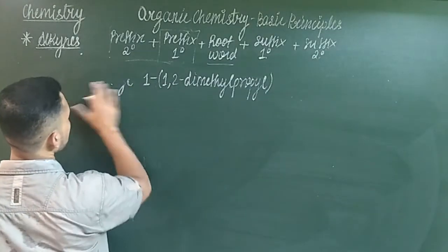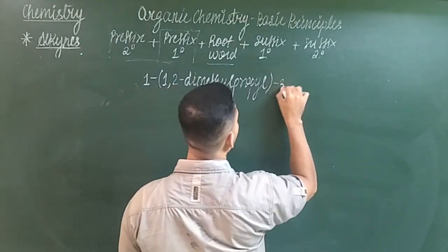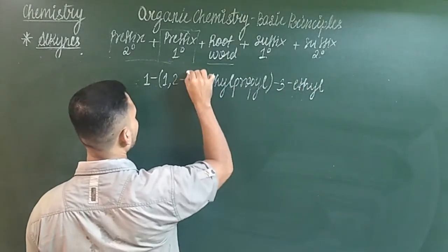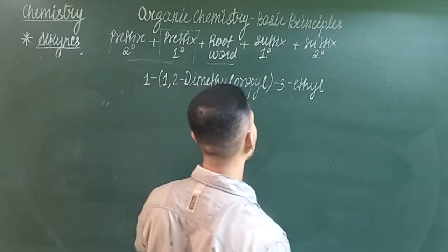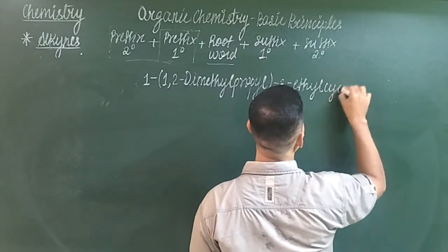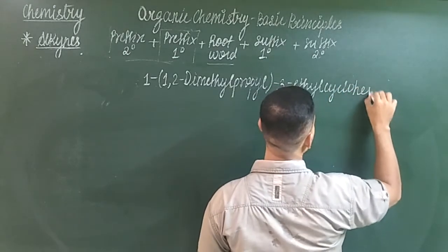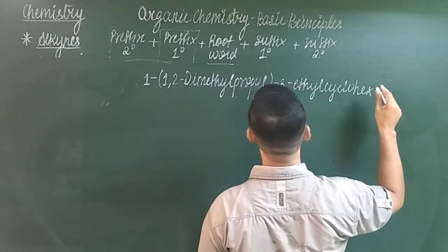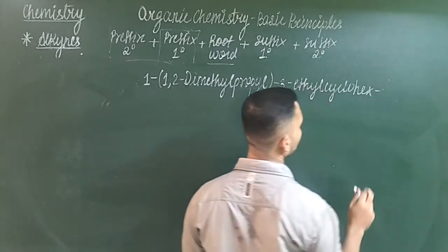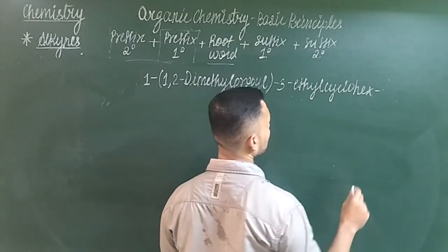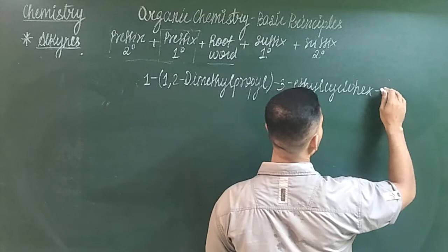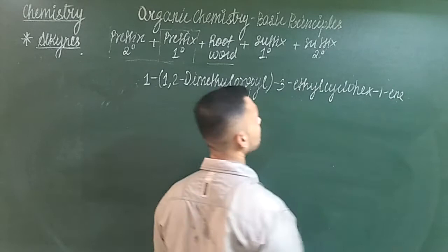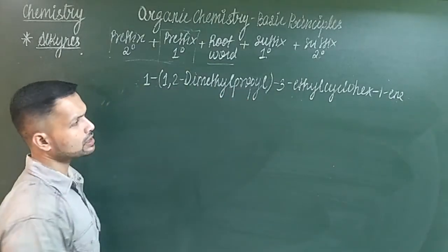Sorry, it should be like this: in alphabetical order, so D and then E, so 1-(1,2-dimethylpropyl)-3-ethylcyclohex-1-ene. Suppose this is the question.